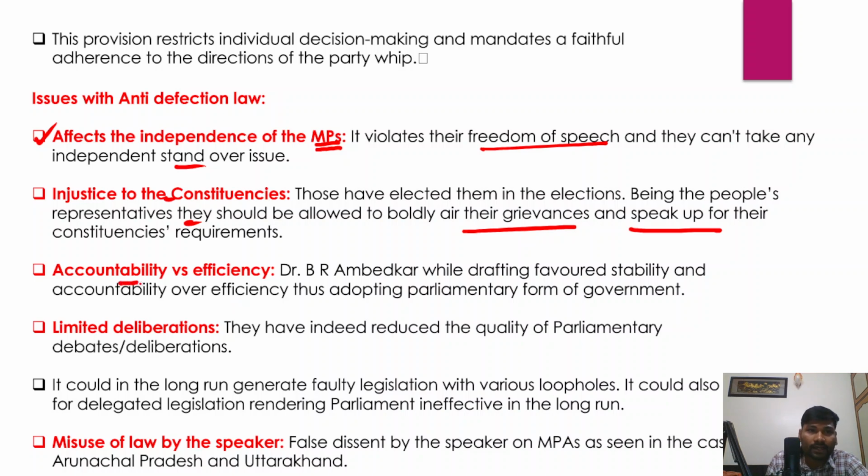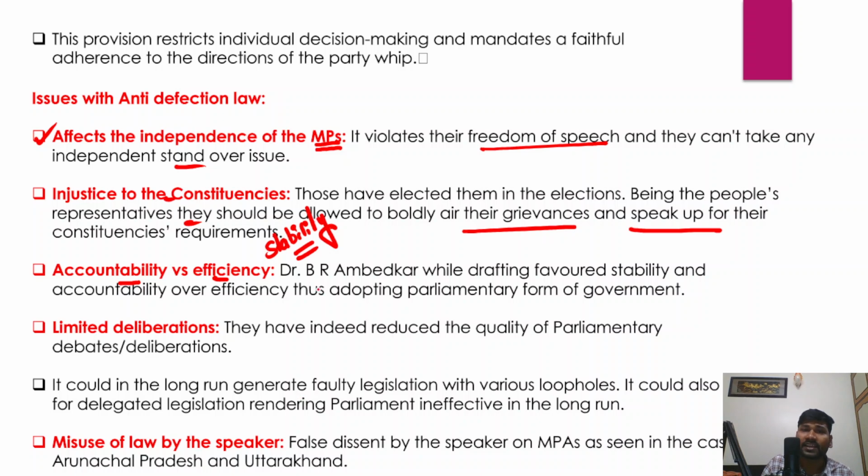Apart from that, it also talks about accountability versus efficiency. When we talk about accountability versus efficiency, Dr. B.R. Ambedkar, while drafting the constitution, mostly favored stability. There should be stability in the government.